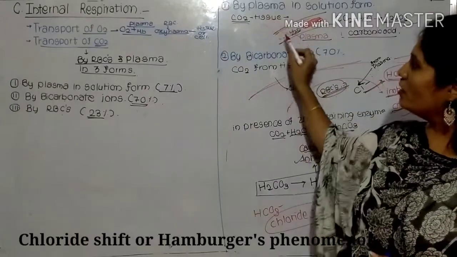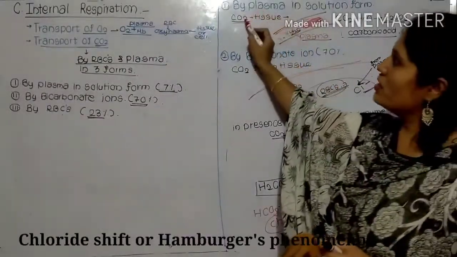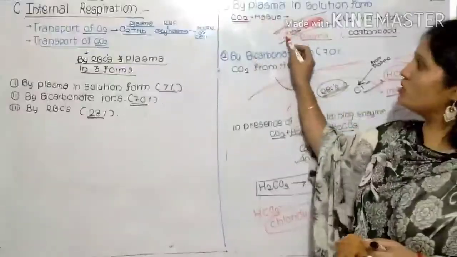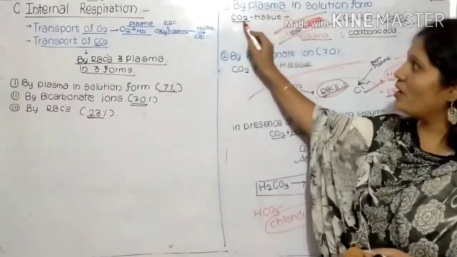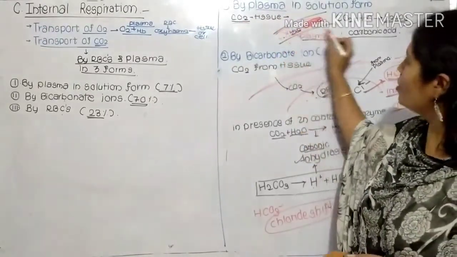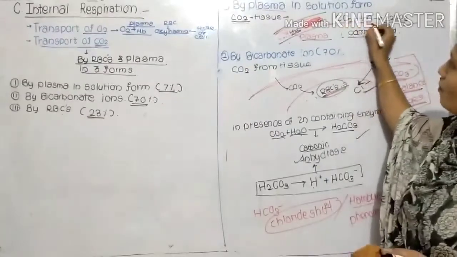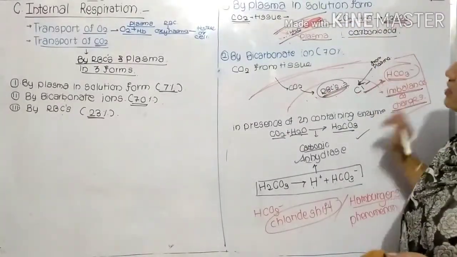See that here in the plasma, once again I'll explain till this. The carbon dioxide from the tissues enters into the blood capillaries. Now here we are talking about the plasma, that carbon dioxide enters into the plasma. In the plasma, water molecule is present. That carbon dioxide combines with the water molecule and forms carbonic acid.